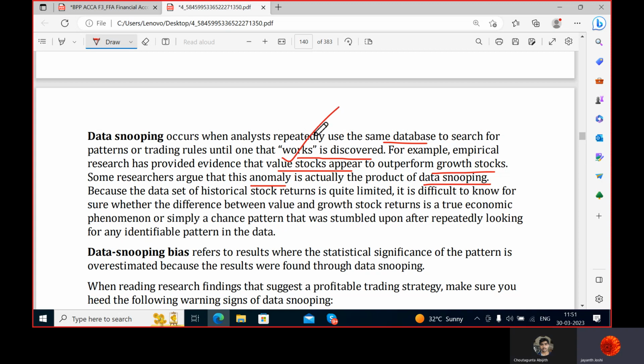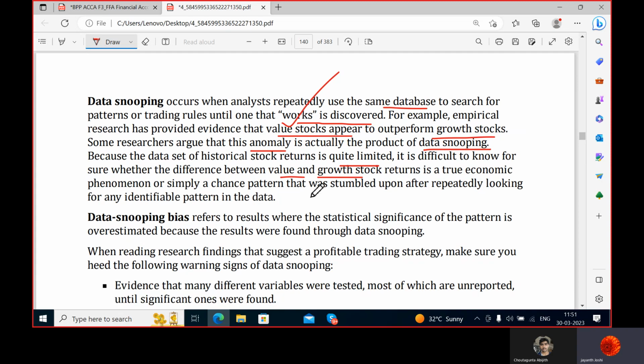Because the data set of historical stock returns is quite limited, it is difficult to know for sure whether the difference between value and growth stock returns is a true economic phenomenon or simply a chance pattern that was stumbled upon after repeatedly looking for any identifiable pattern in the data. So reusing the same thing repeatedly will give you the same kind of result.